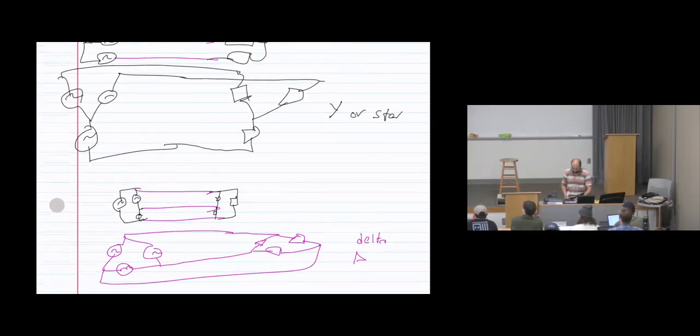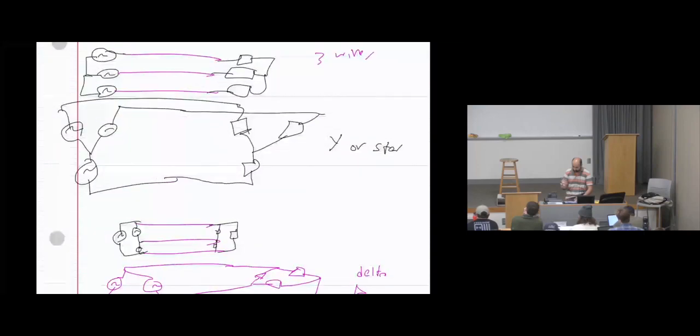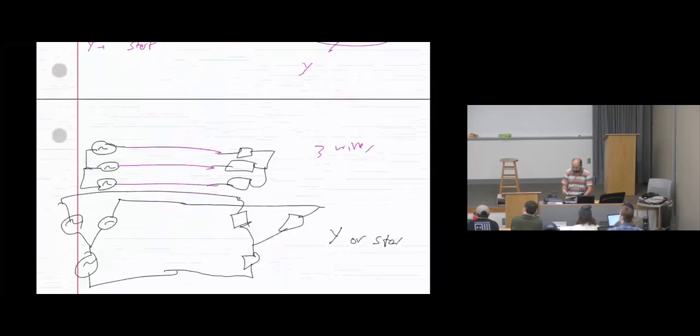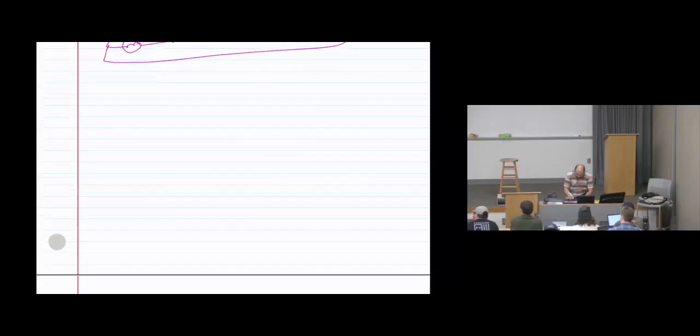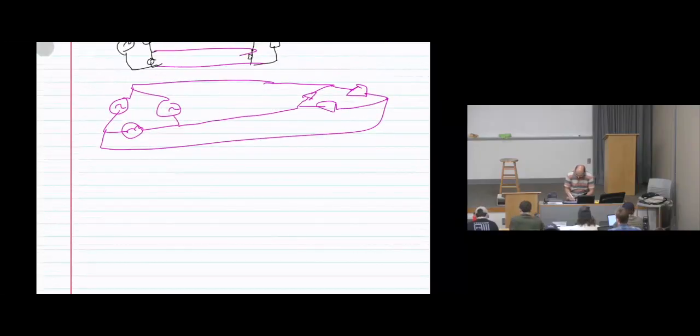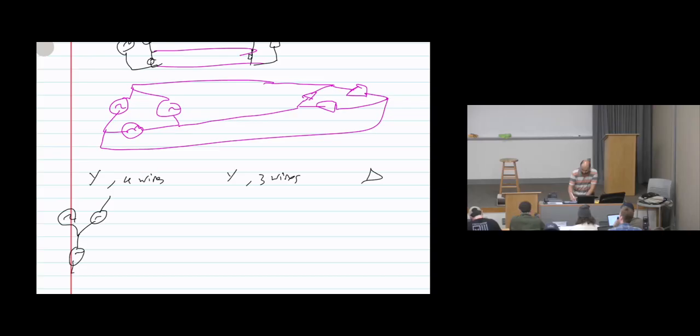Okay? What's the difference between the 3 things? We have Y with 4 wires, Y with 3 wires, delta. So I can just write a summary here. Y with 4 wires, again, we have these sources, then 4 conductors.